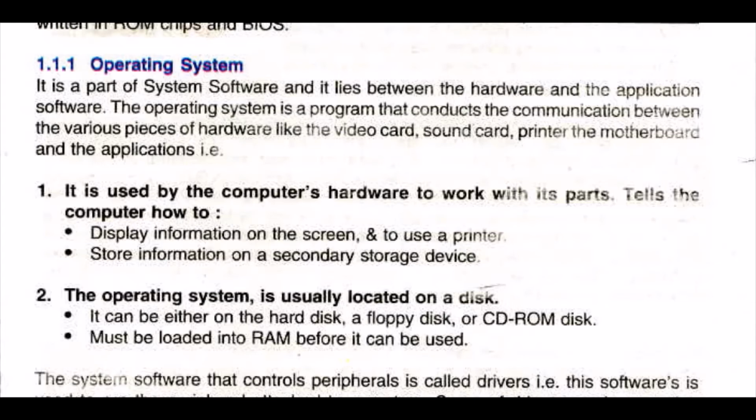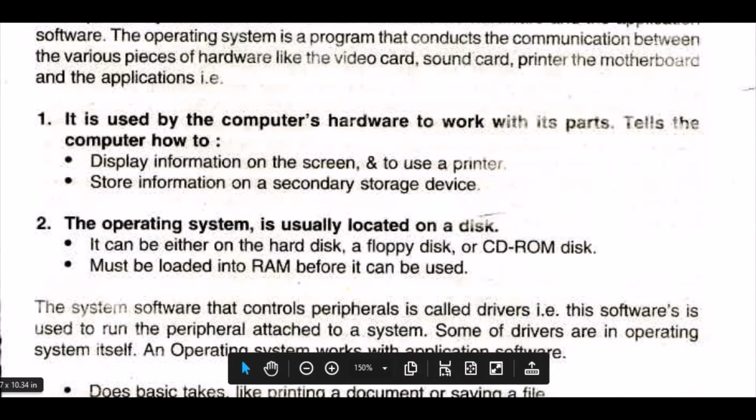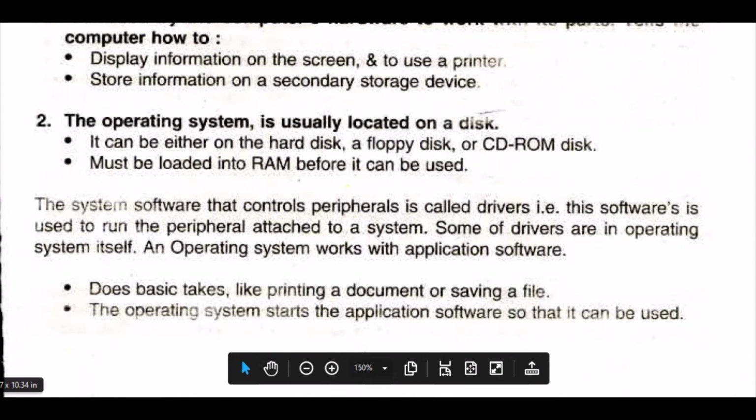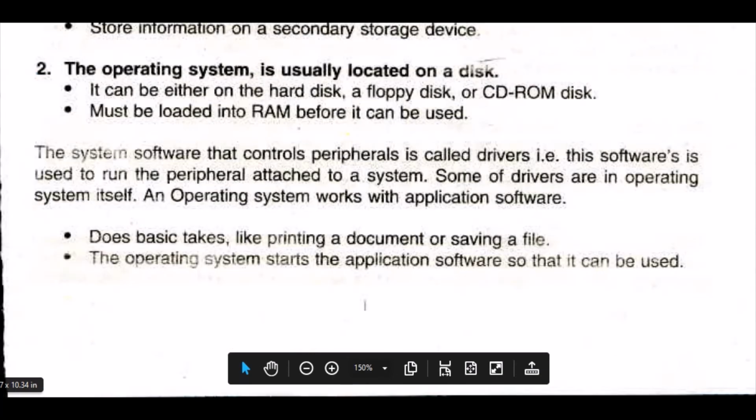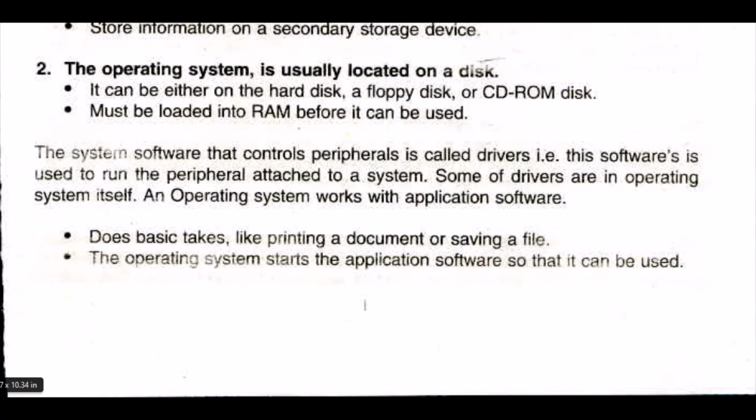The system software that controls peripherals. What is a peripheral? Peripheral devices are printers, the devices that are connected to the system, and we control them with drivers. The system software that controls peripherals is called drivers. That is, this software is used to run the peripheral attached to the system.